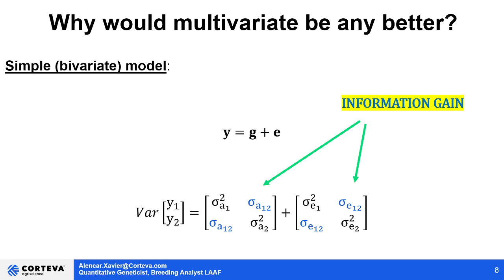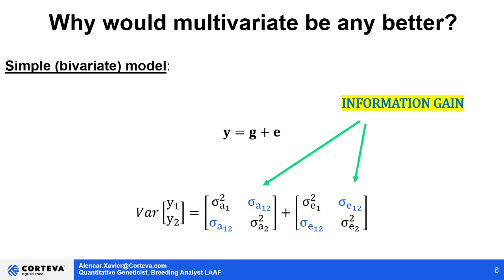The variance of this joint vector y1 and y2 is depicted here: the correlation we observe on the phenotype could be coming either from the genetic component, here depicted by the covariance A12, or by the residual covariance, here the sigma E12. So basically we are objectively adding more information into the model.